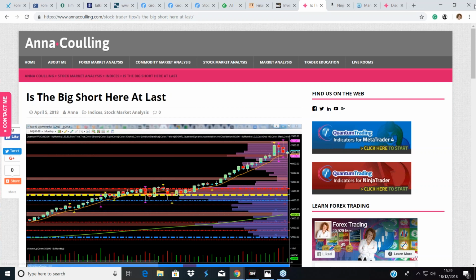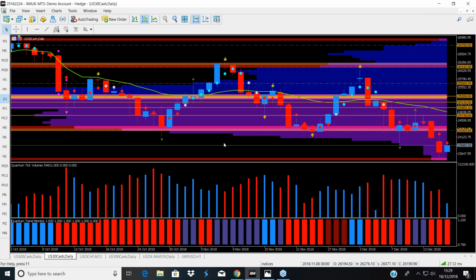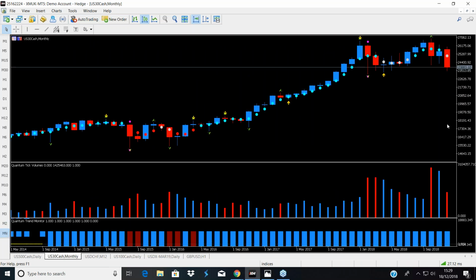But to go back to what I was saying about the time that it can take for the signal to develop, let's bring it up here. That was the YM. I've actually got the MT5 platform rather than Ninja, because David's got Ninja, and I'm going to put the monthly chart up. Here we are.